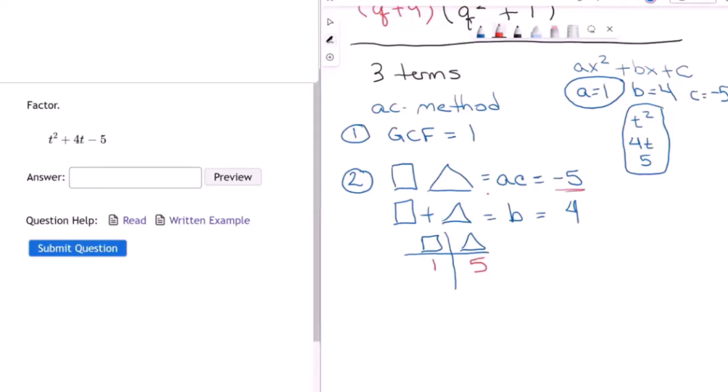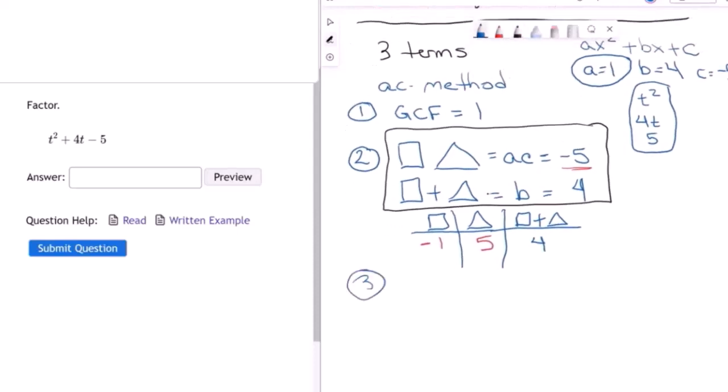One of these numbers has to be negative, and if I add them together, it has to be 4. I need to make this a negative, because box plus triangle has to equal 4. Doesn't that satisfy what I said right here?